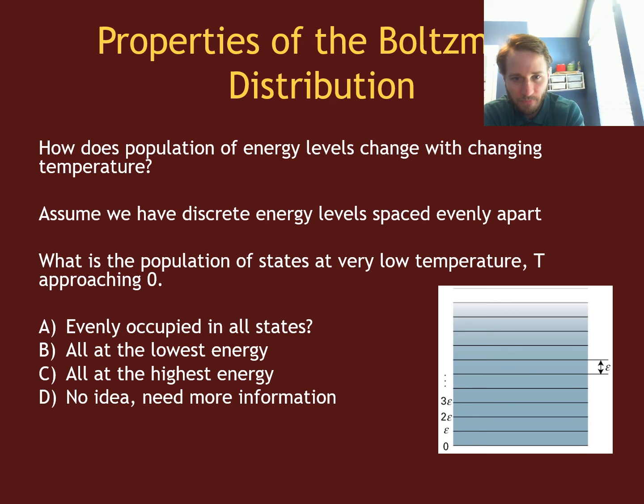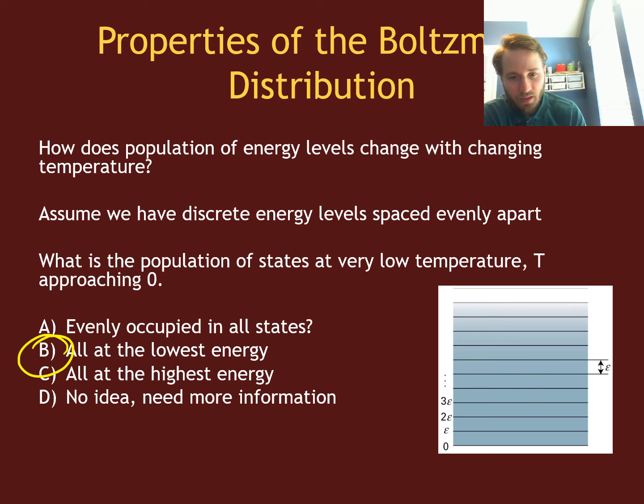So let's consider with this Boltzmann distribution what the distribution of particles looks like in this system at certain instances. Let's first consider the case where temperature is approaching 0. In that case, everything is going to be occupying the lowest energy.